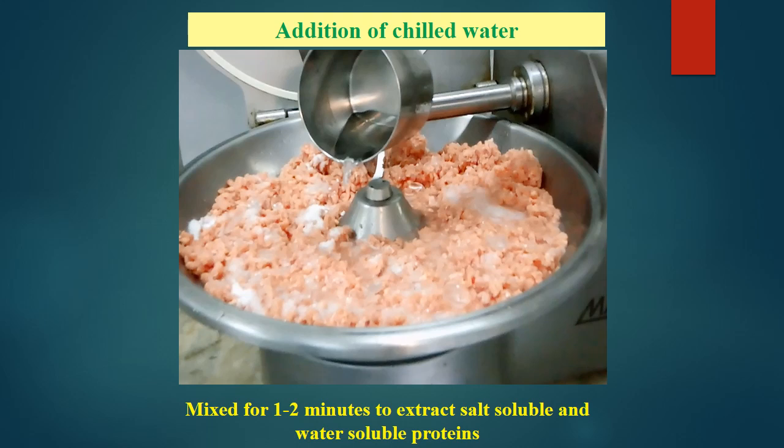After this the machine is first started at slow speed and then at high speed, and at high speed we need to chop it for 1 to 2 minutes. In case of broiler meat, 1 minute is enough. In case of red meat it can be 2 to 3 minutes to extract the proteins from the meat, as I have explained earlier.